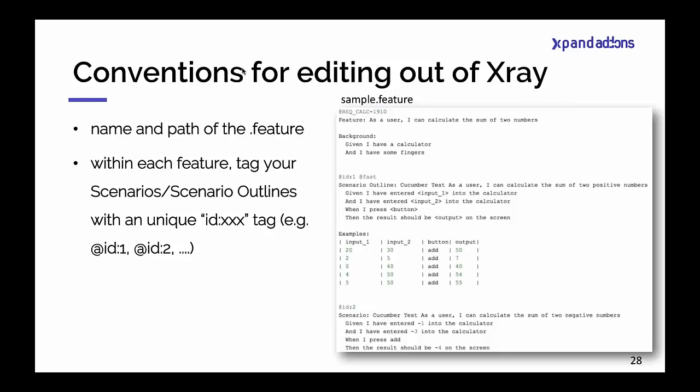So as long as you use your unique ID tags and you don't change the name of the feature files, they will always be mapped to the correct entities in Xray. So in this example, you can see the ID tags right before each scenario. You just have to make sure that they are unique within each feature file.